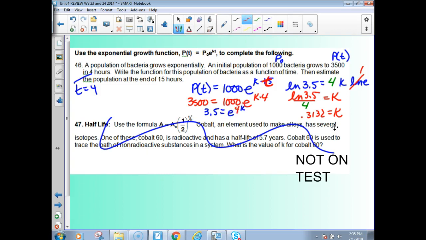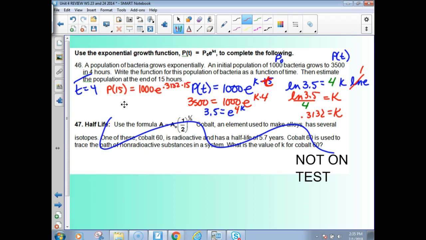All right, now after I find my k of 0.3132, which is what you're going to get when you type ln of 3.5, go ahead and recalculate it if you want, divided by 4, will be 0.3132. The new equation for any amount of time, and we're going to do the P of 15, we're going to be putting in 1,000 times e to the 0.3132 times 15.